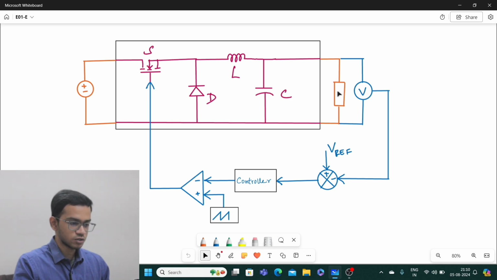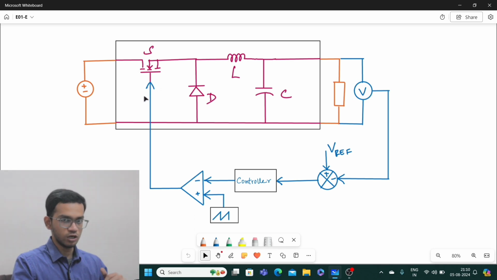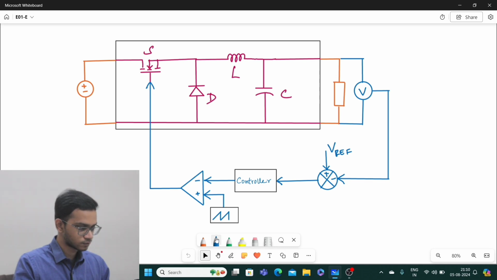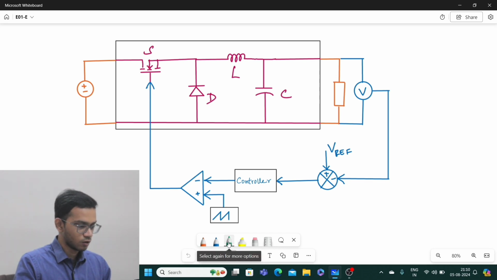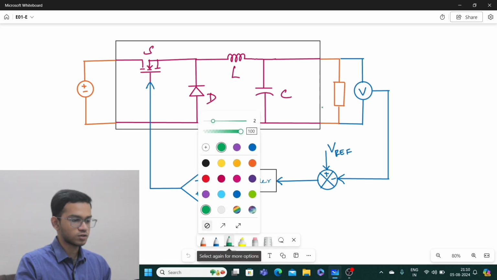Now let us focus on the control part, which starts from here, the voltage measurement, and ends here, which is obviously a PWM that is going to be given to a switch. So now we could focus on the functioning of this.